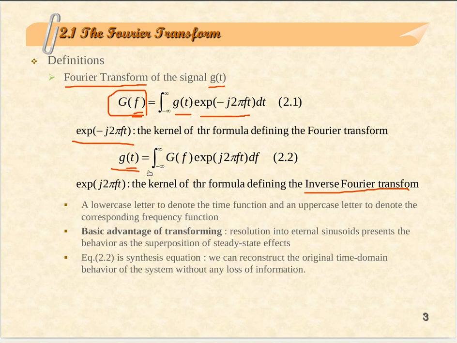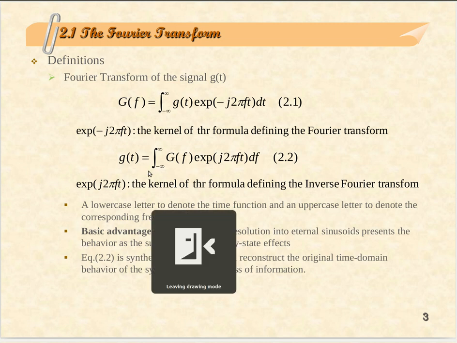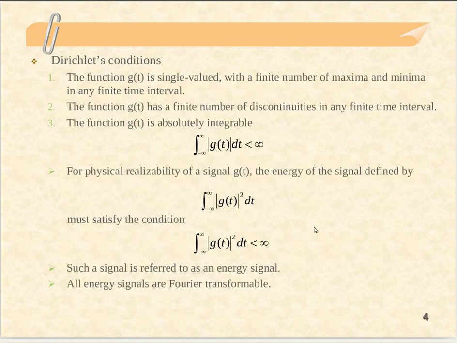Okay, now let's see the conditions on this function. These are all of the conditions that we have, but the most important one is that our signal has a finite number of maxima and minima.